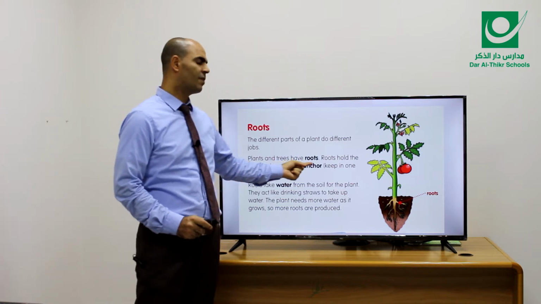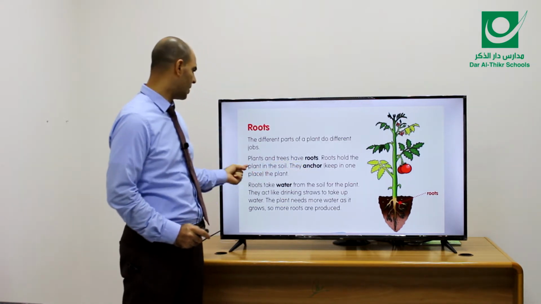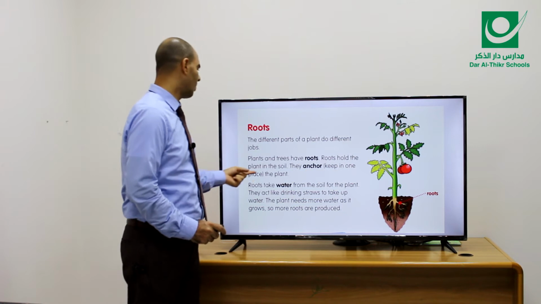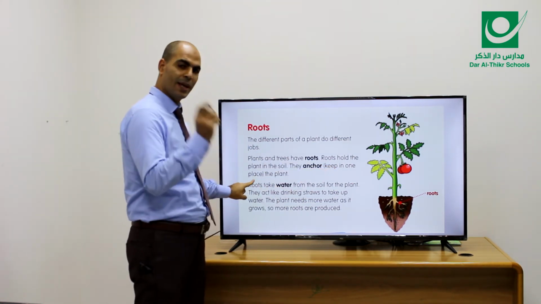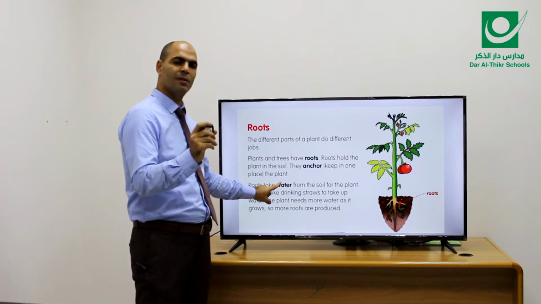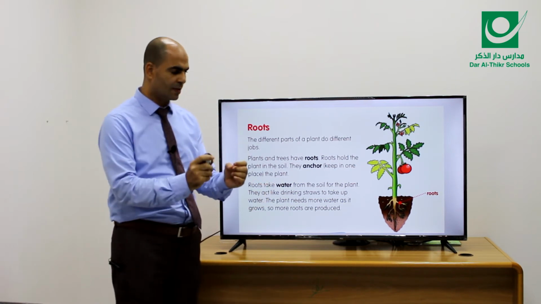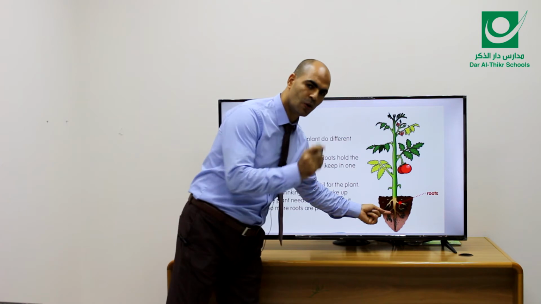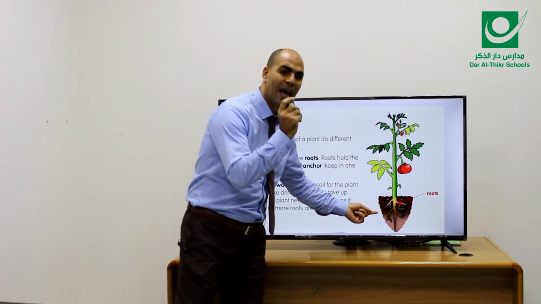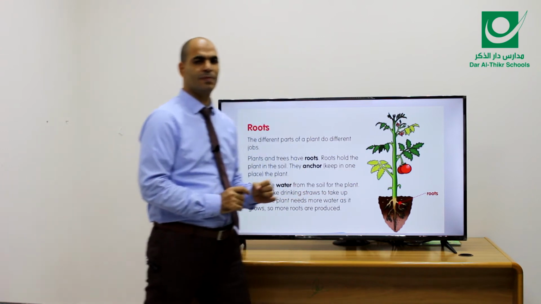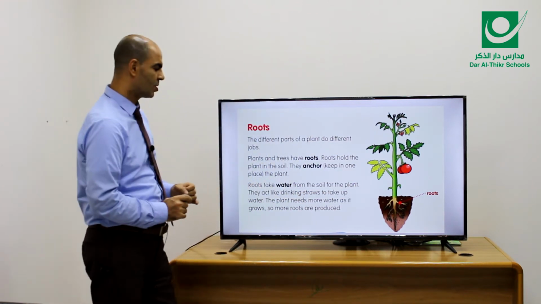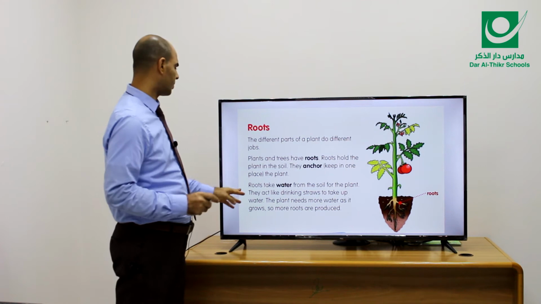As we read, they anchor the plant, which means it keeps the plant in its place. So the plant doesn't move away.